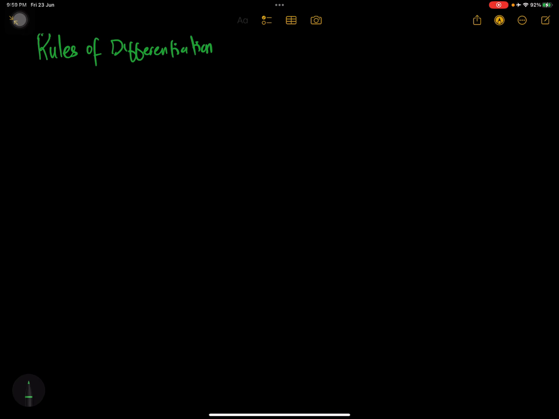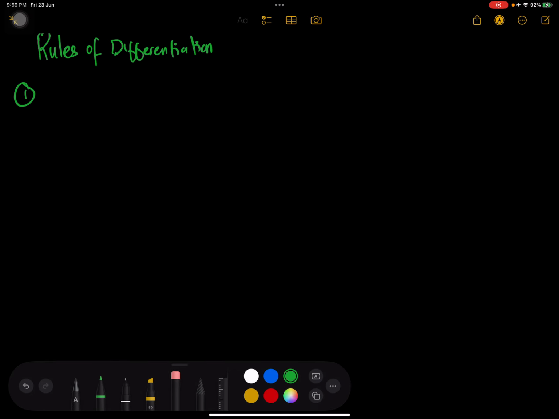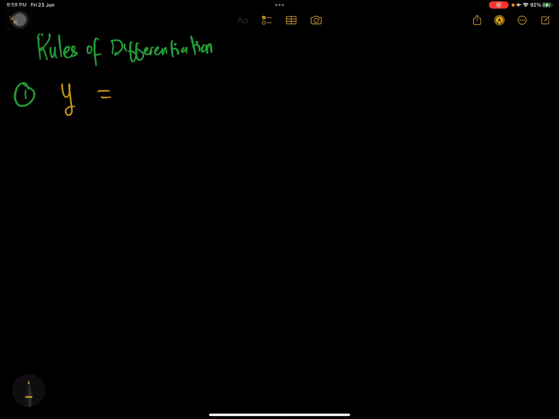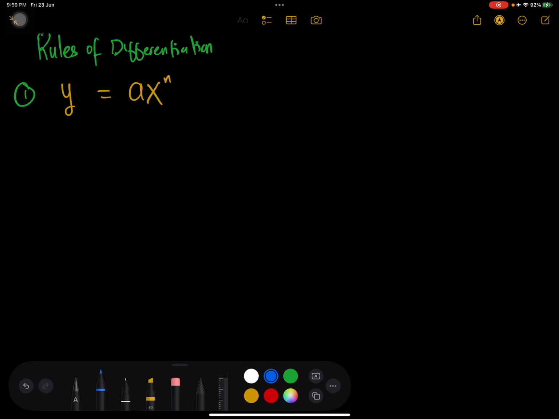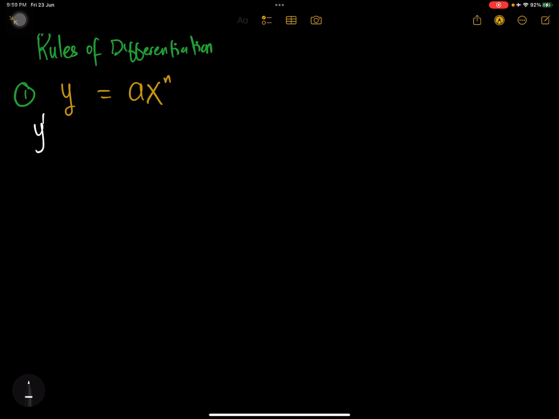Now, the first rule says that if we have y is equal to a multiplied by x to the power of n, then y prime or y1, which is the same as dy over dx, is obtained by multiplying a by n, and then we subtract 1 from the index of x.